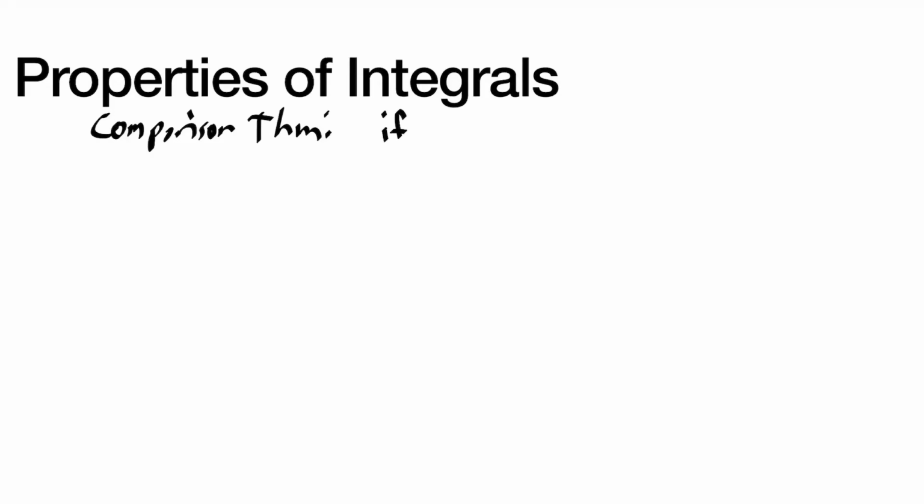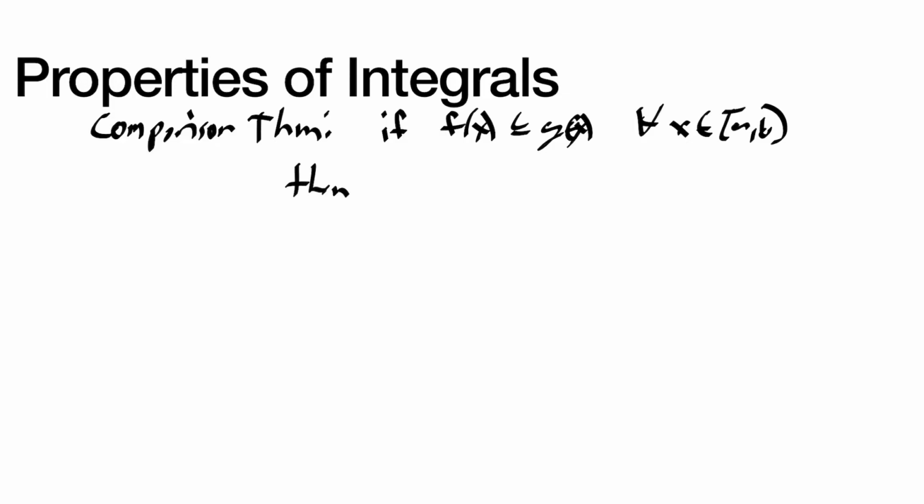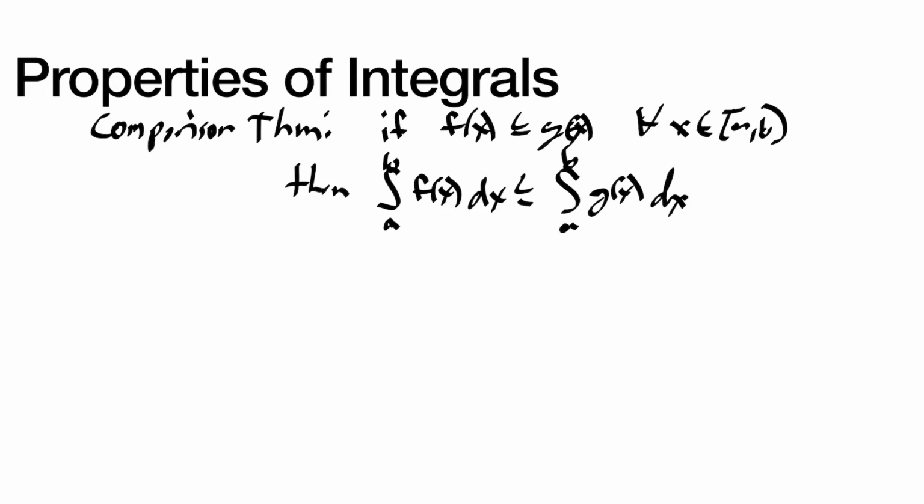Again, let's not go through all the gritty details, but it basically says this: if f of x is less than or equal to g of x for all x in [a, b], assuming that f and g are both integrable functions, then the integral of f of x dx is less than or equal to the integral of g of x dx. So if f is less than g, then the integral of f is less than the integral of g, and that makes complete sense.